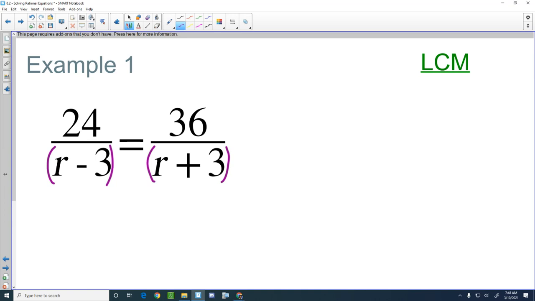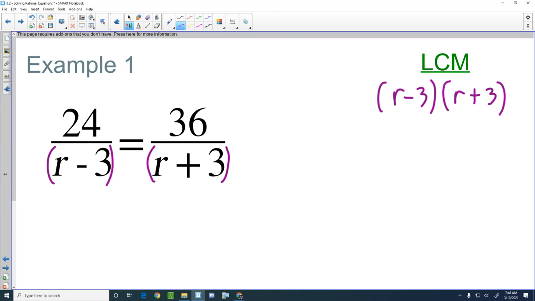So one factor I see is an r minus 3. I want that to be part of this common denominator. And the other factor that I see is an r plus 3. So that would be my least common multiple.